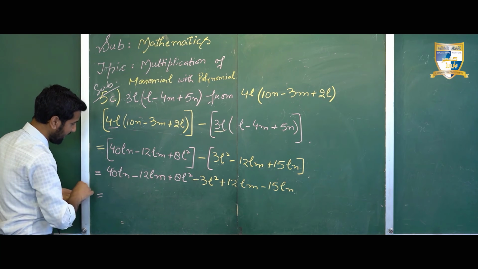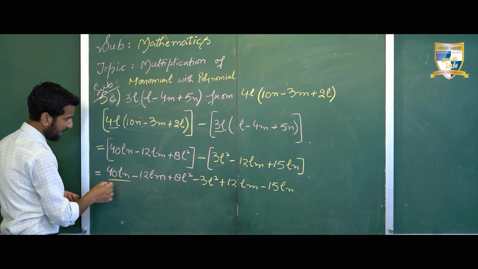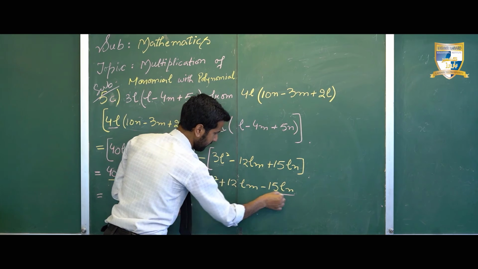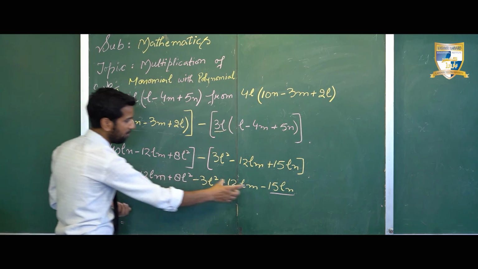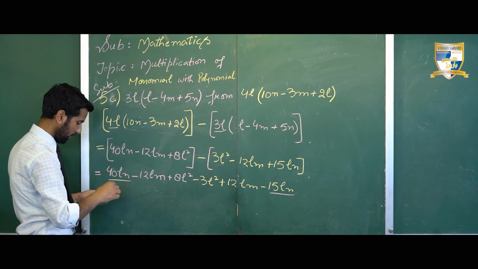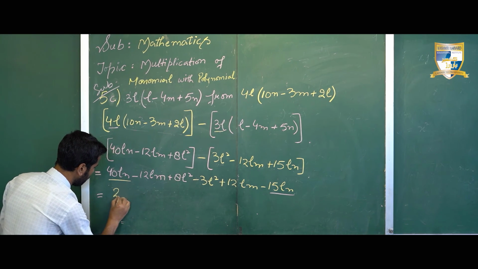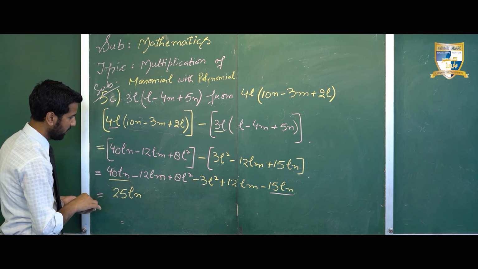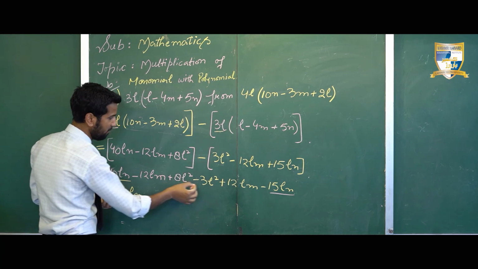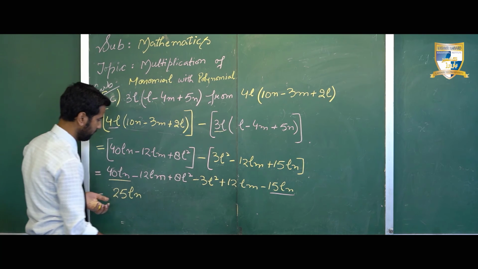So this ln and this ln, these two are like terms. 40 ln minus 15 ln will be 25 ln here. Now we have minus 12 lm and plus 12 lm.